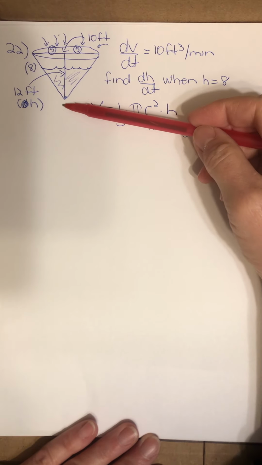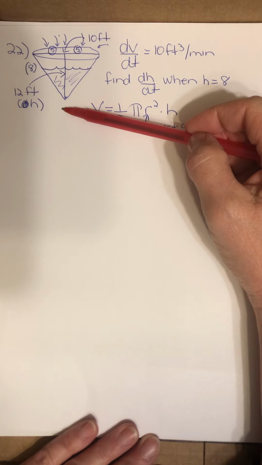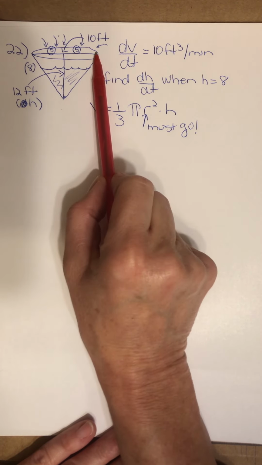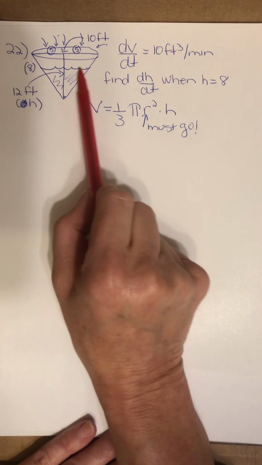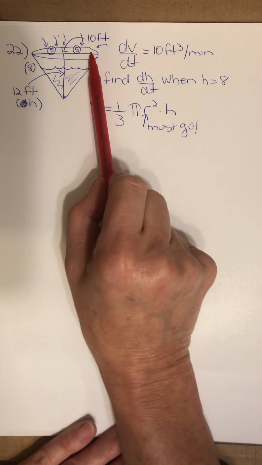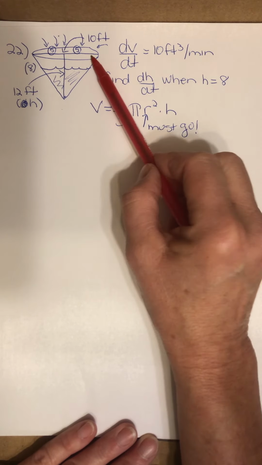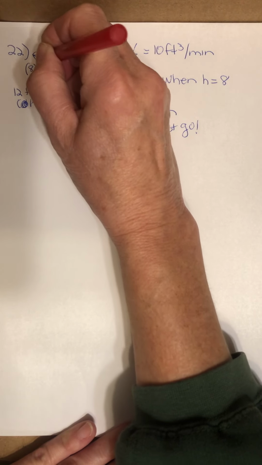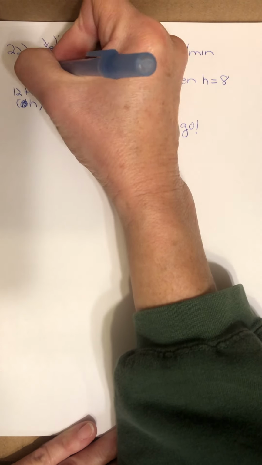The cross section of this conic tank is a triangle, right? And if you notice this diameter or radius across the top, anytime you put water into it, it would be parallel to that base. And so we do know that there is a triangular proportion going on here, where this is the large triangle here, and we might as well make the water blue, right?